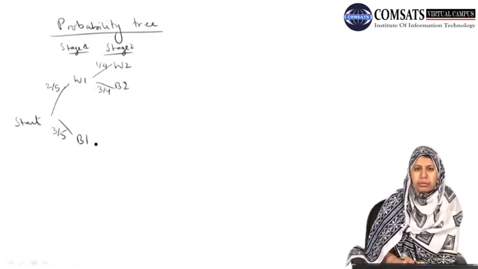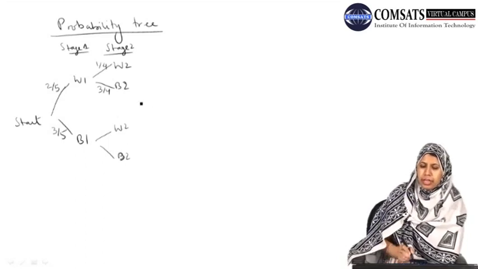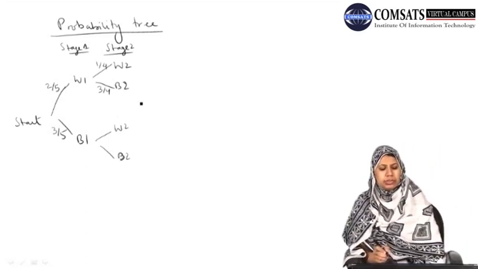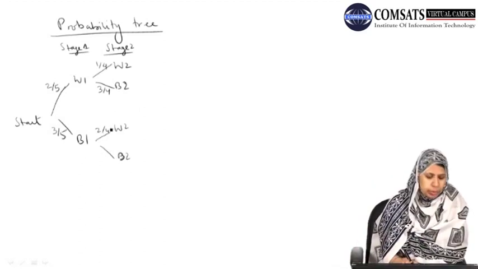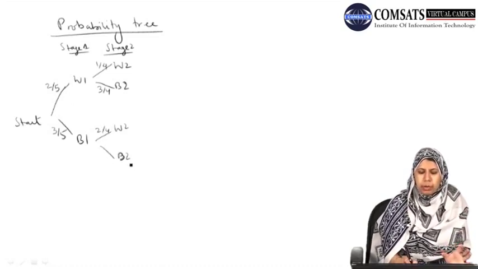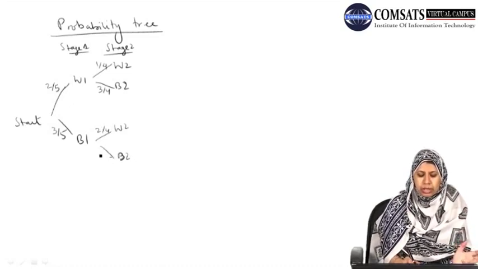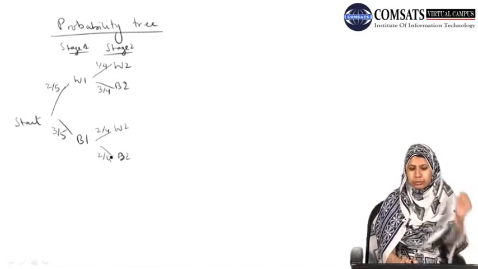If we have obtained a blue ball on the first stage, then for the white ball on the second stage the probability will be equal to 2 by 4, which is 1 by 2, and the probability of obtaining the blue ball again is 2 by 4, which is 1 by 2.